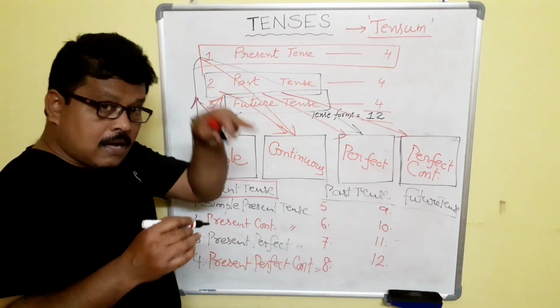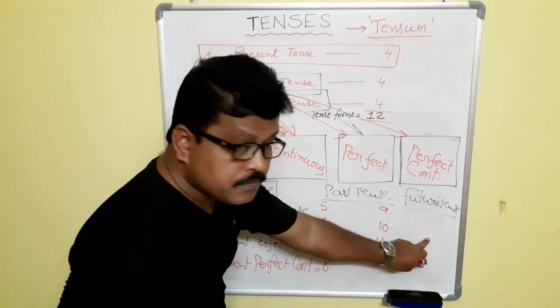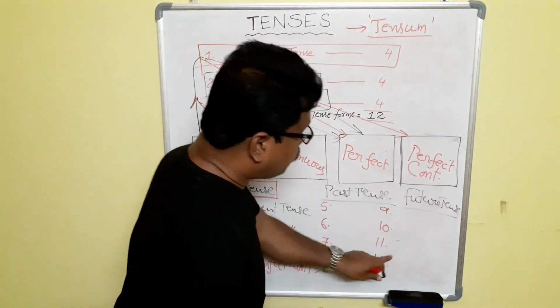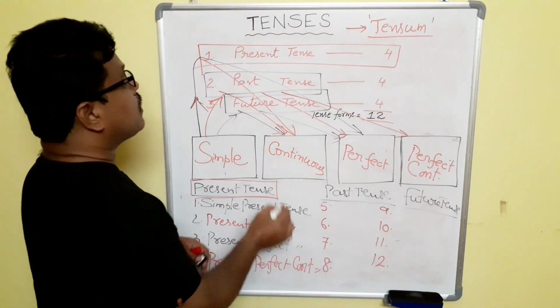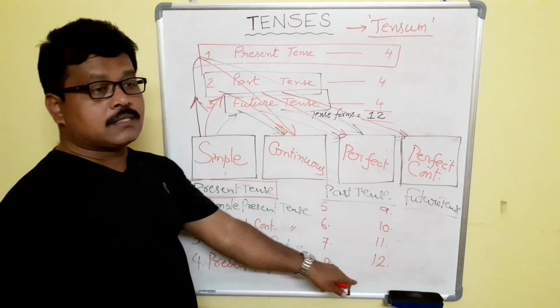Second time onwards, come from the top. Future continuous tense. Third one, future perfect tense. Fourth one, future perfect continuous tense.